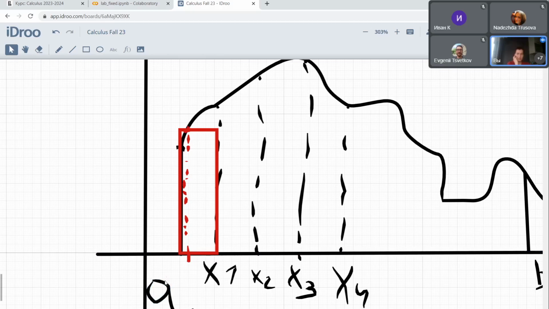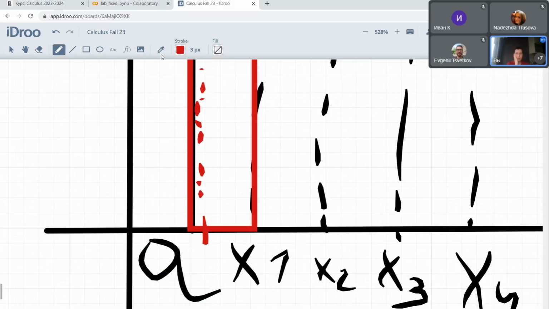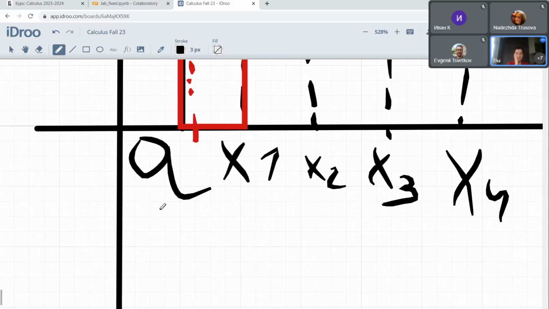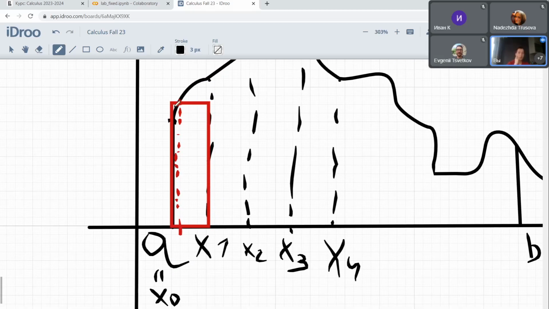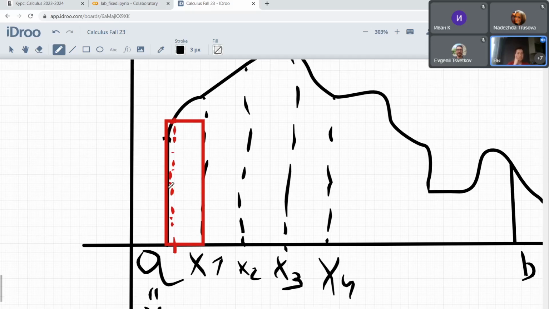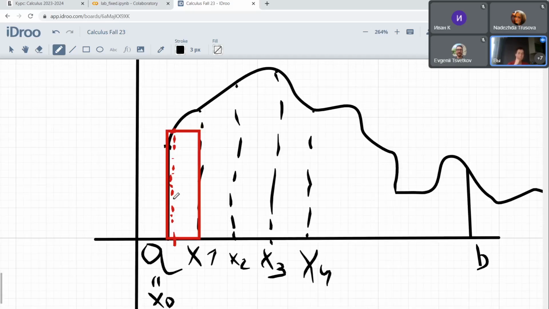So we can multiply by x1 minus a, or we can rename it and give it a simple name like x0. So we can say that the area under the curve is close to the area of this rectangle. Okay?